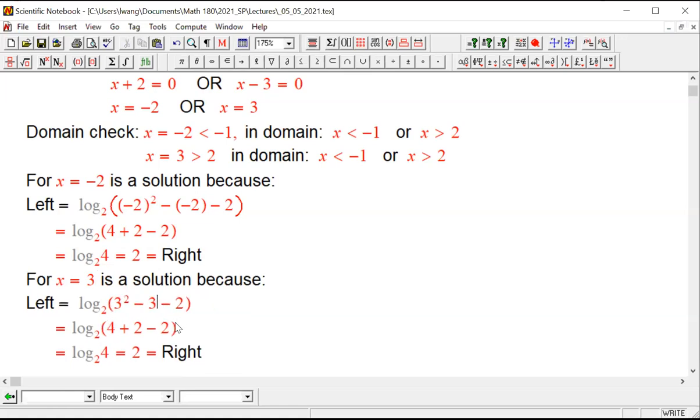So this is 9 minus 3, minus 3. And so this is going to be log base 2 of 4, which is 2. Same thing. So that's how you check. You have to check one by one. In this case, both numbers we found are solutions.